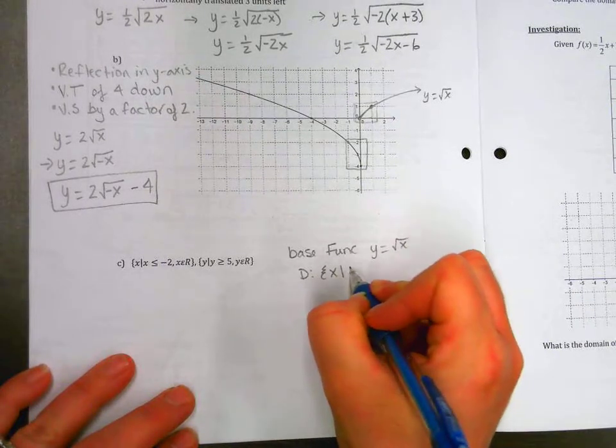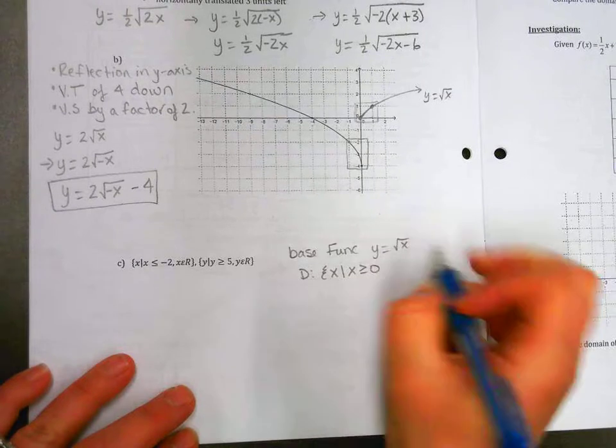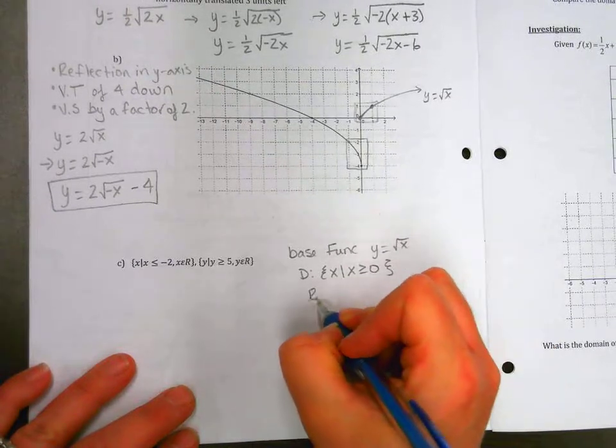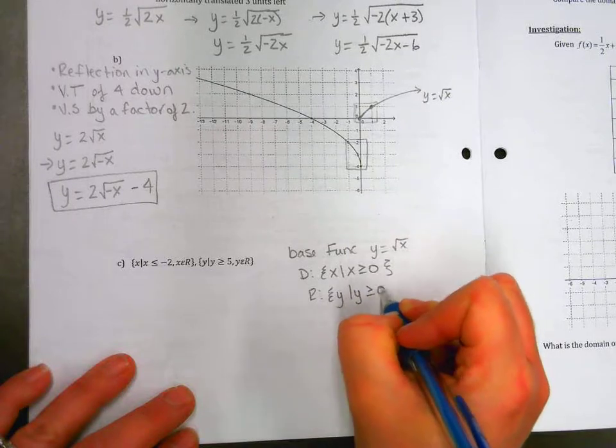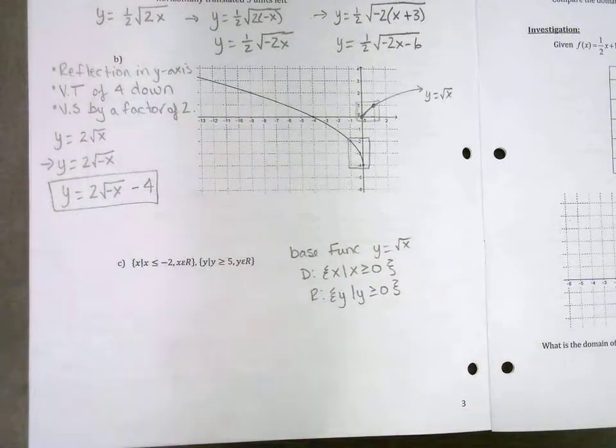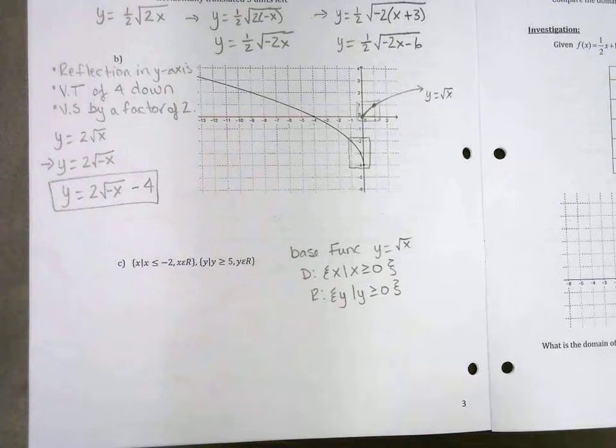The range of this base function would be y is greater than or equal to 0. So thinking about those notes that we had talked about earlier, stretches do not affect the domain, reflections affect the inequality of the domain and range, and translations will affect the value of the domain and range.